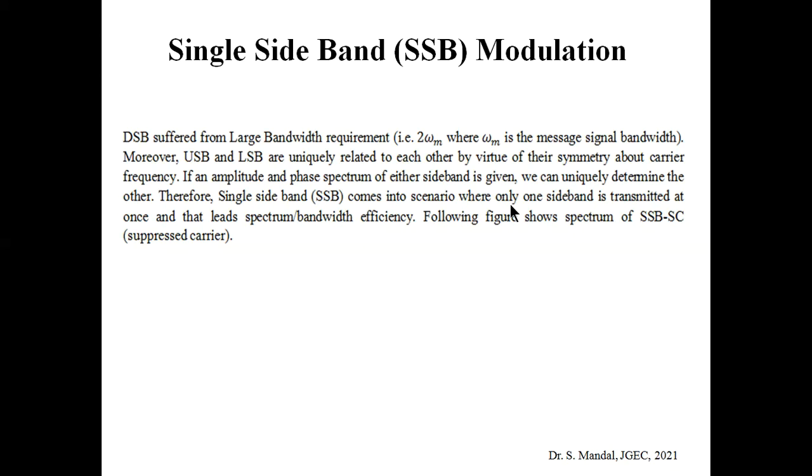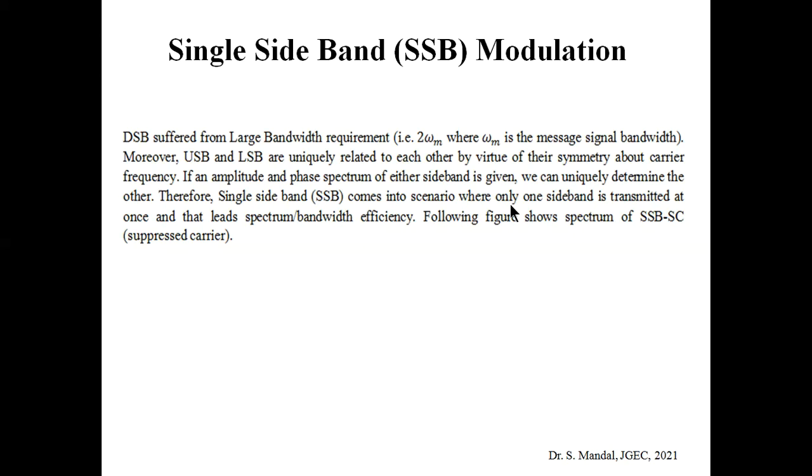In case of DSB, the bandwidth of the DSB is twice that of the message signal. But in case of SSB, as we are using only one sideband, either USB or LSB, obviously the required bandwidth will be decreased. So SSB is more efficient with respect to bandwidth.